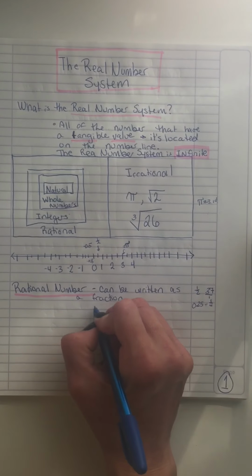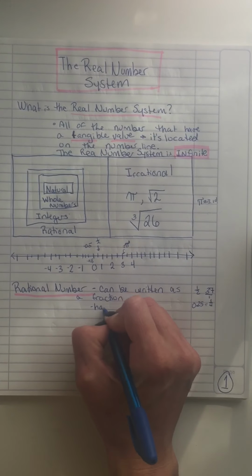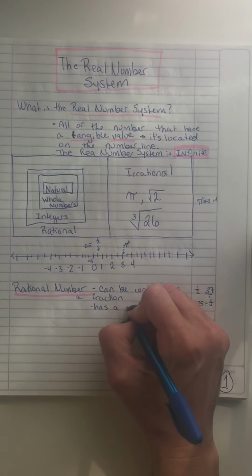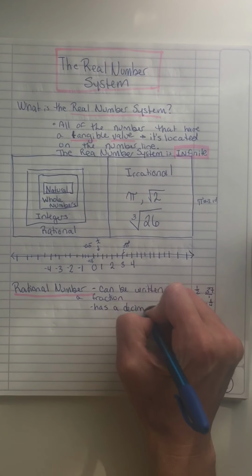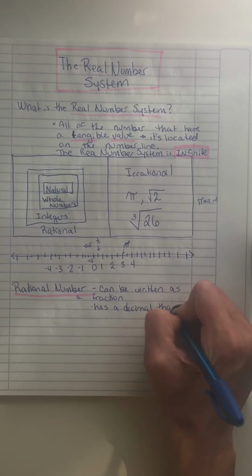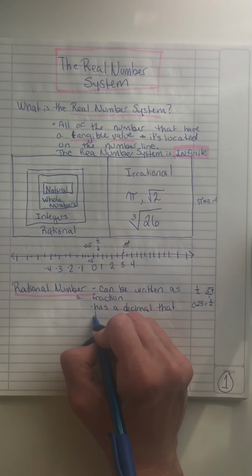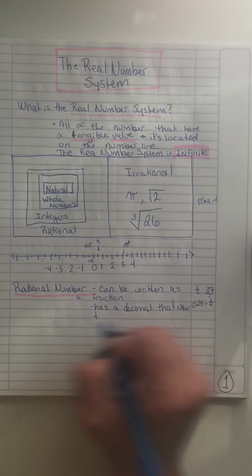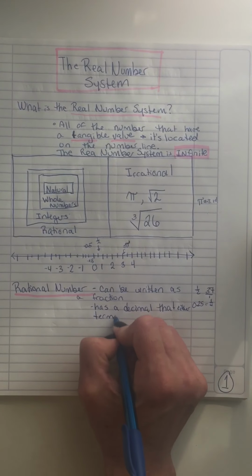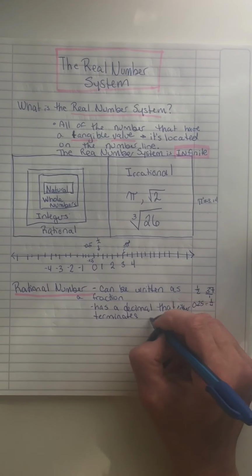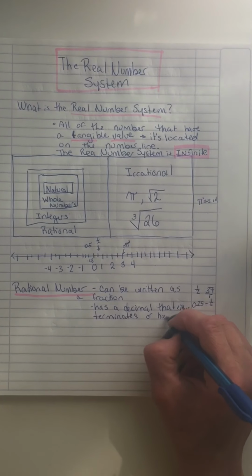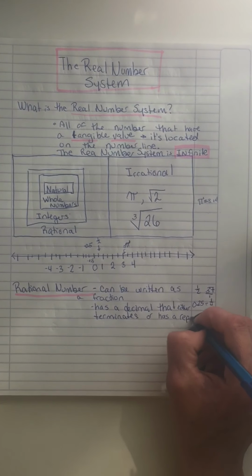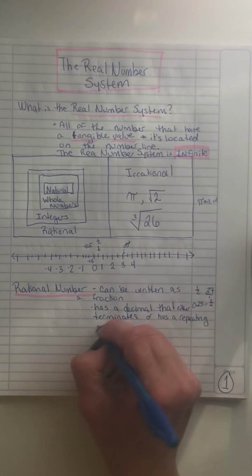They have to have a decimal that either terminates or has a repeating pattern.